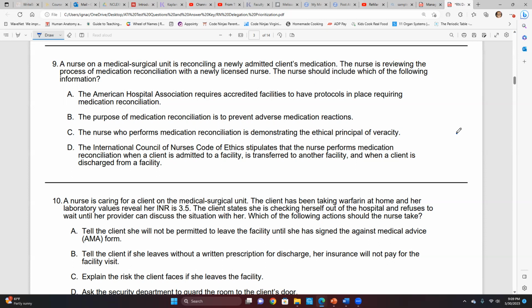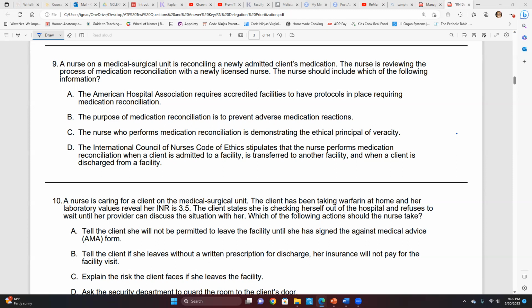Demonstrate an ethical principle of balance. This is going to be a sequence calculation within the process of medication calculation. I'll say B.